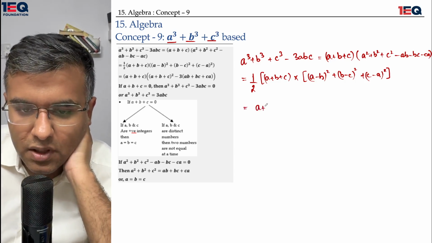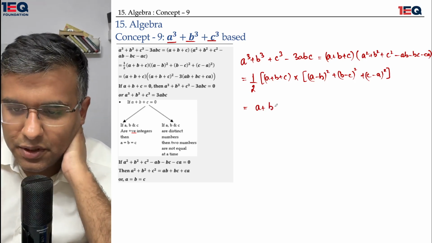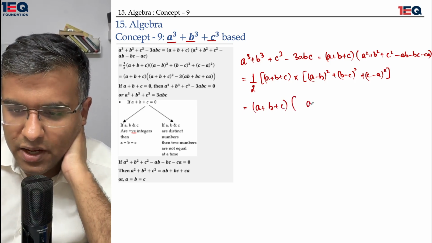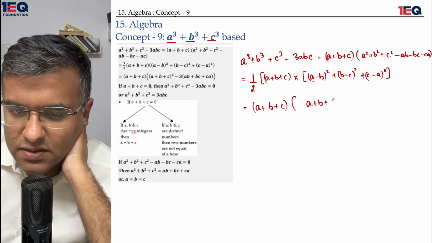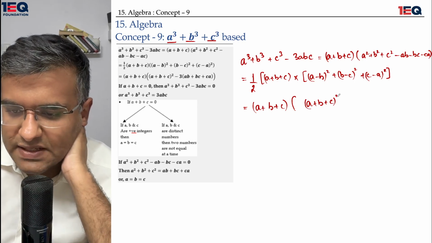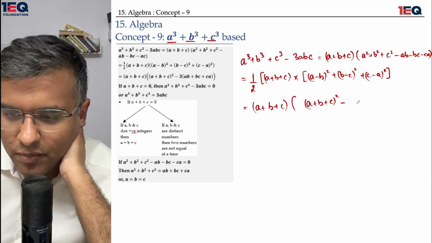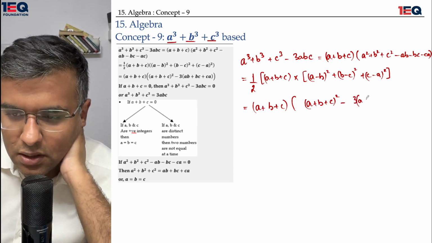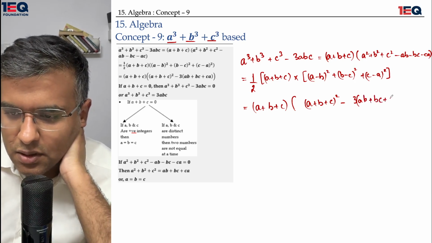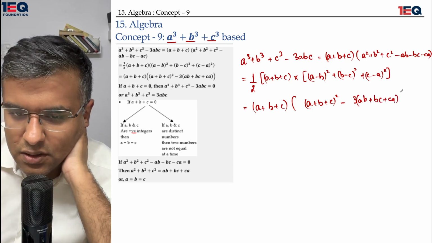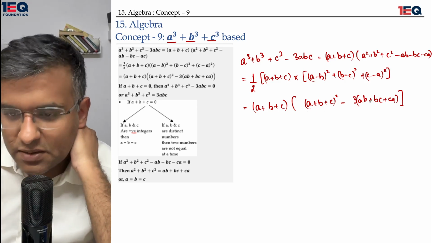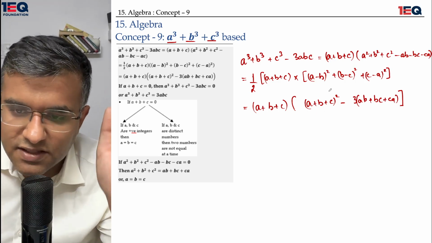Coming back, this again is equal to (a plus b plus c) being multiplied by ((a plus b plus c) whole square, which we've already seen in its elongated form, subtracted by 3(ab plus bc plus ca)). Okay, so I hope everything is in place and you're able to understand the entire situation.